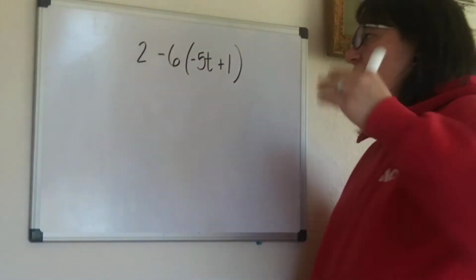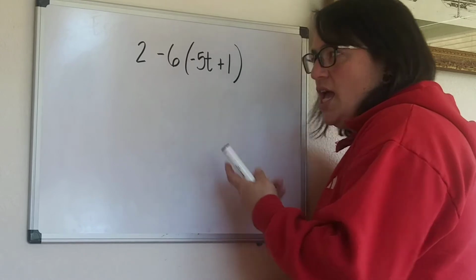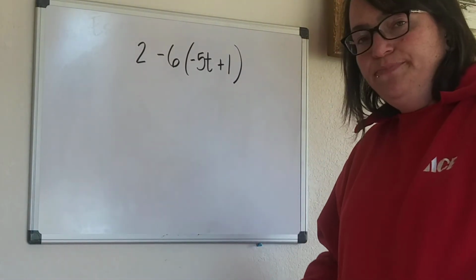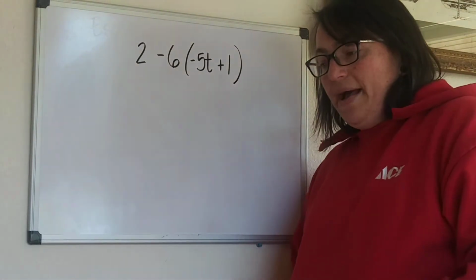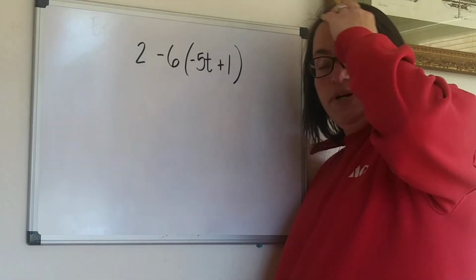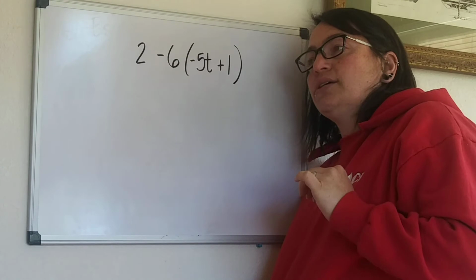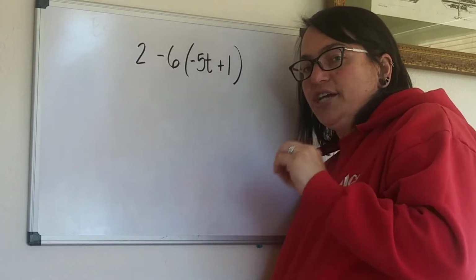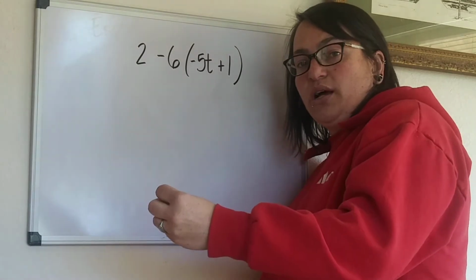All right, distributive property. So if you remember, way back when we did integers, so positives and negatives, we talked about how you can turn any subtraction problem into an addition problem.